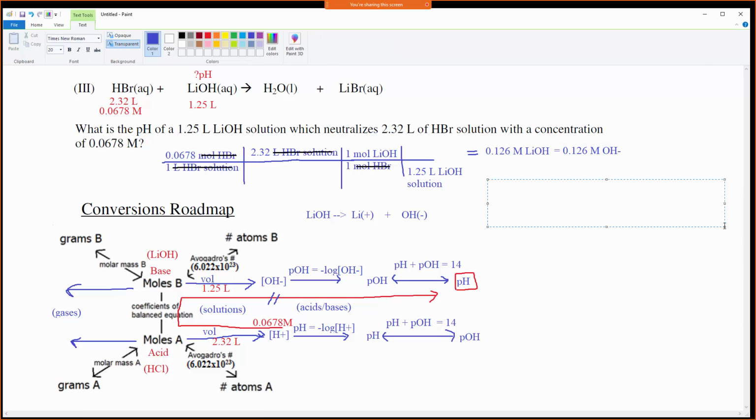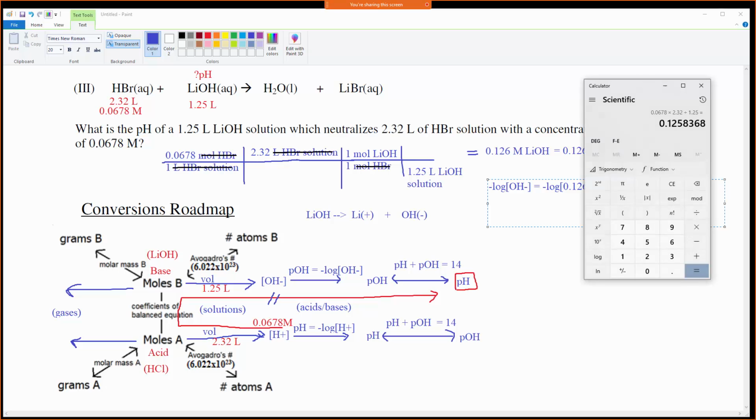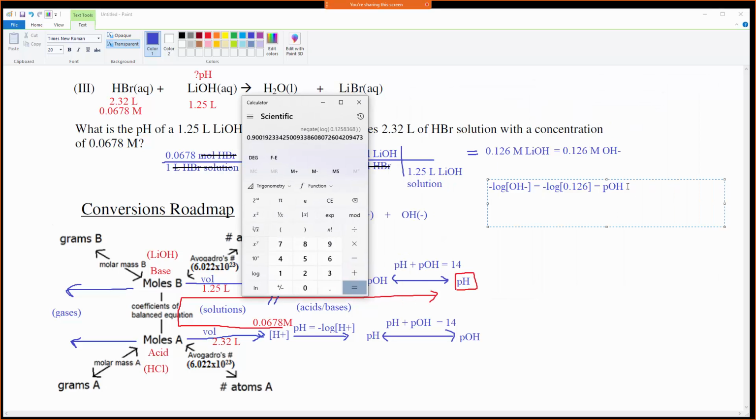Then the minus log of the OH minus concentration is equal to the minus log of 0.126, which should be my pOH, since that is my OH. So the negative log of that gives me 0.9.